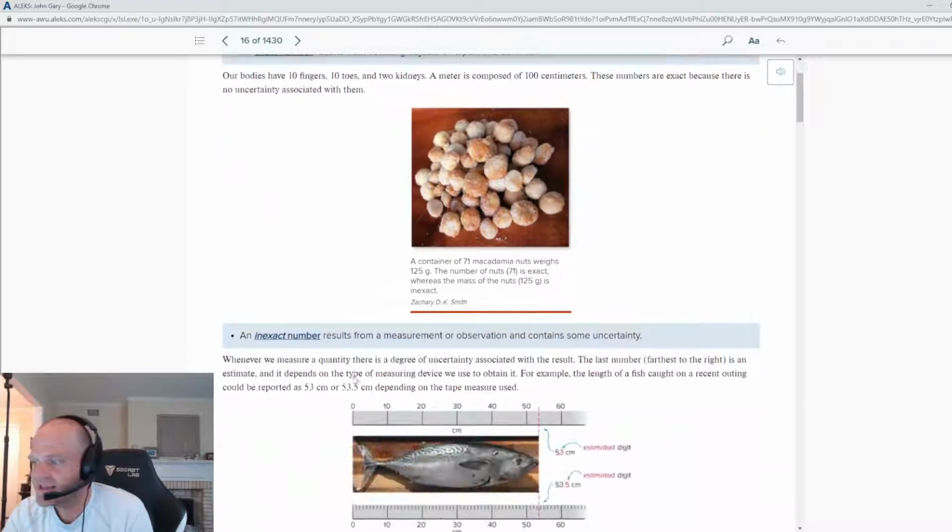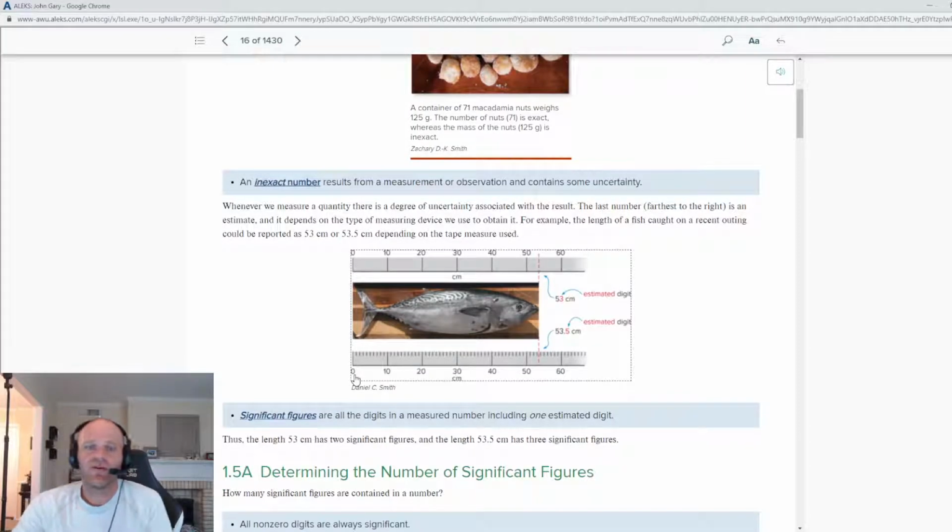There's a certain number there, that's the exact number. Now an inexact number has to do with other things like weight or length or even time, right? If I say that I am 24 years old, I'm not, but I'm 24 years old. Well, I could be 24 years, 6 months, 3 days, 2 hours, 10 seconds, 25 milliseconds. You see how I can just keep going and make it even more precise, right?